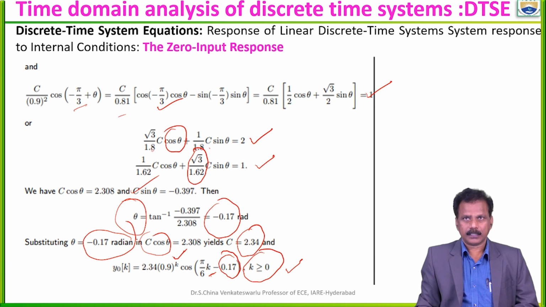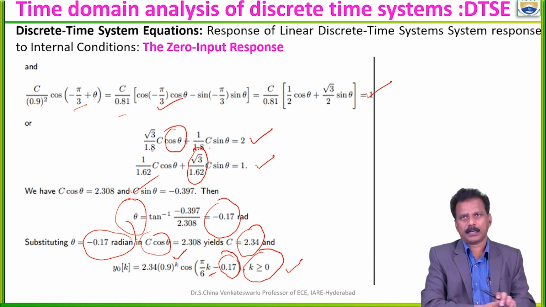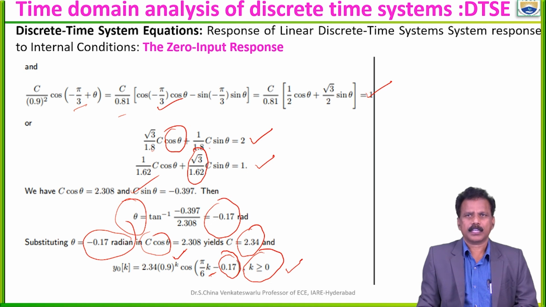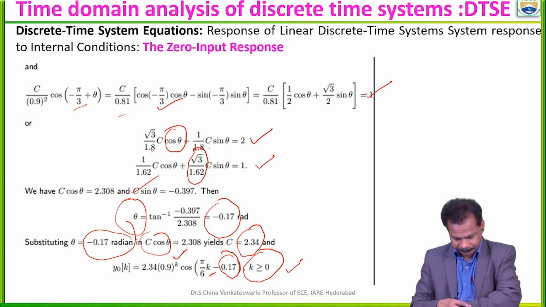Like this, we have to verify the time domain analysis of discrete time systems with the mathematical analysis. Based on all this analysis, we verify the discrete time systems based on the response of a linear discrete time system to internal conditions, the zero input response.